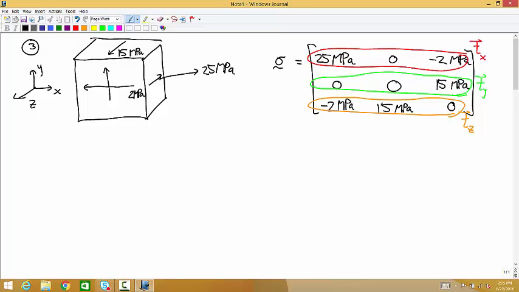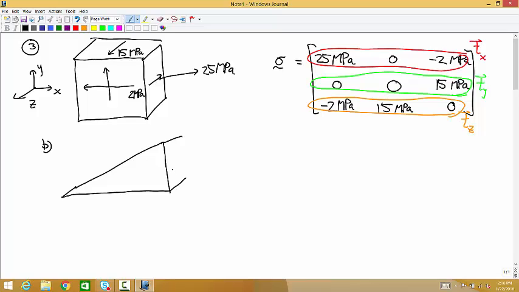Okay, so now we're looking for the traction vector on the hypotenuse of this. So imagine that this stress is going on at every point in this solid shape.